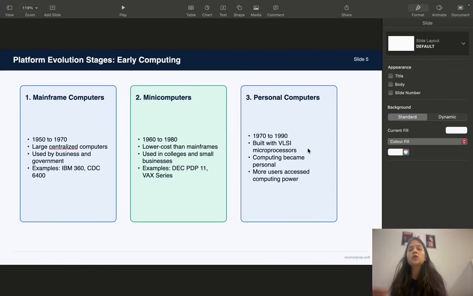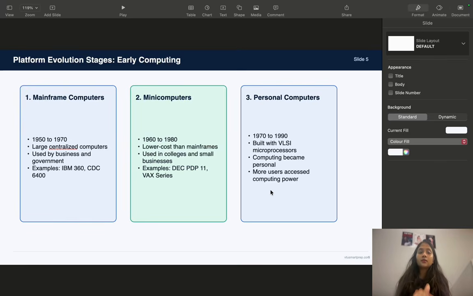For normal people also, it brought a huge impact. So this was the major change because computing became available for individual users, not only for big organizations. So this was about the platform evolution stages for early computing.